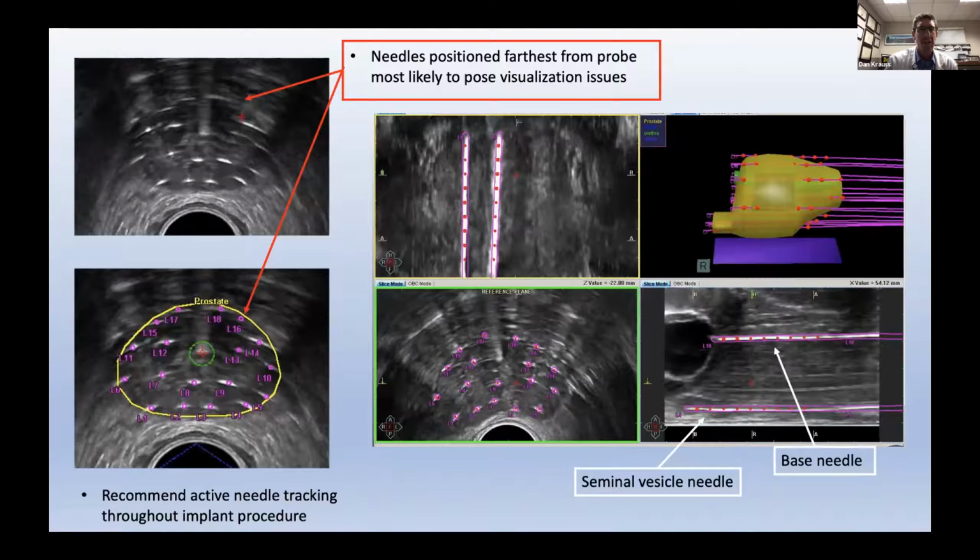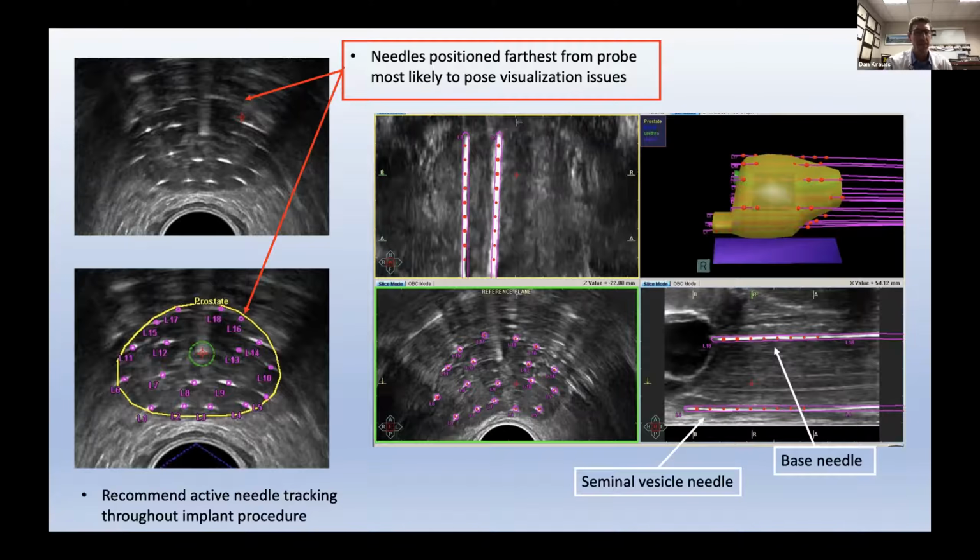If you take a look at this image in the upper left here, and compare it to where we've digitized our needle on the bottom, this L16 needle in the anterolateral position on the patient's left, you really can't see that needle very well. So what we would do is go to live image and back out either this number 9 or number 13 needle. You back it out far enough and the needle pops into view.